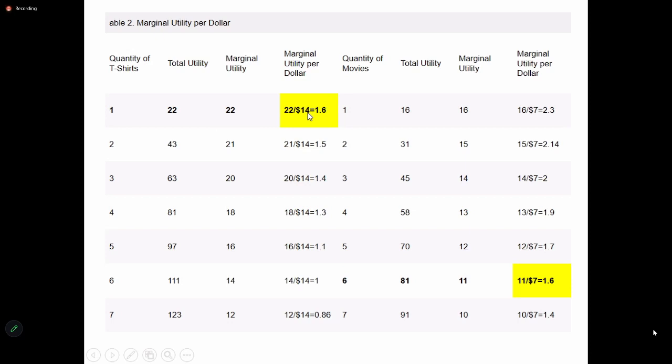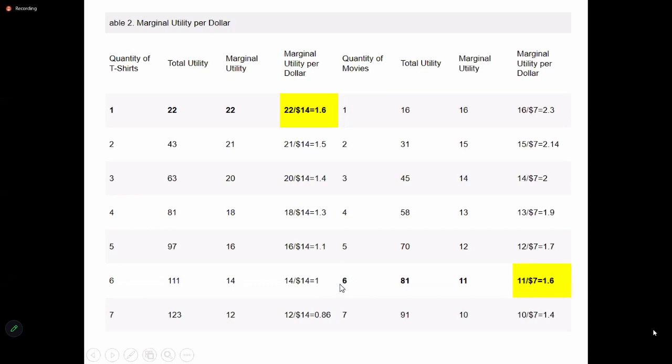So at the equilibrium point, the consumer can take one t-shirt at $14, and how many movies? 6 movies.